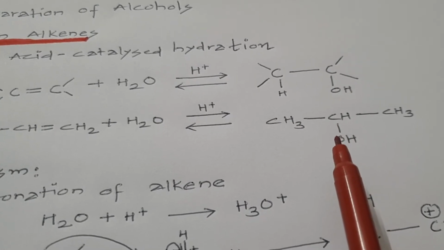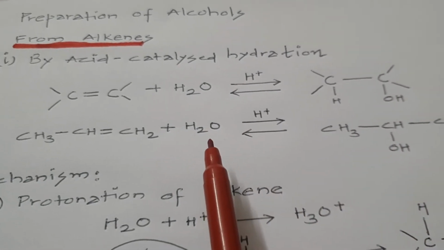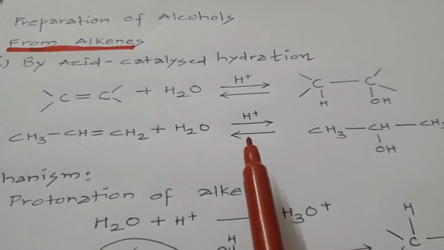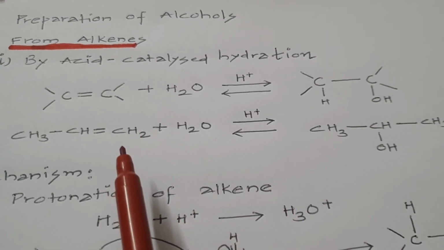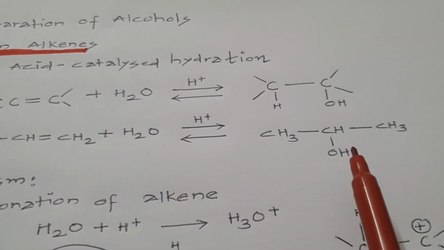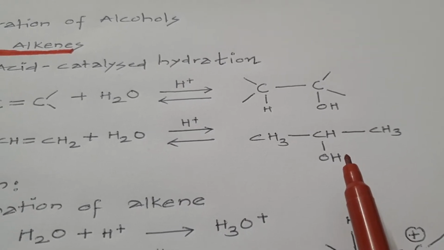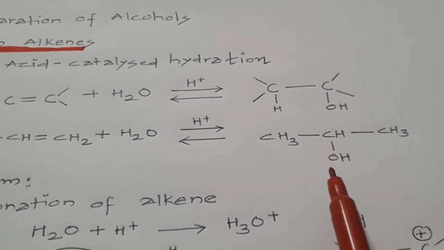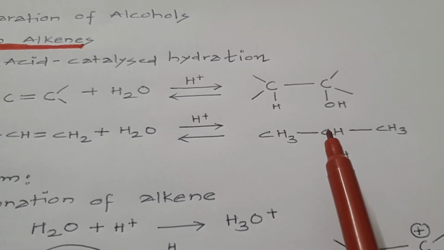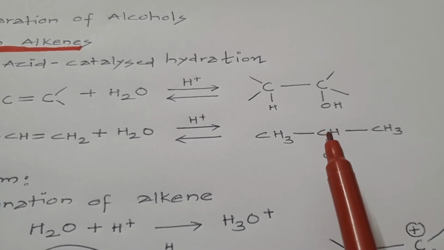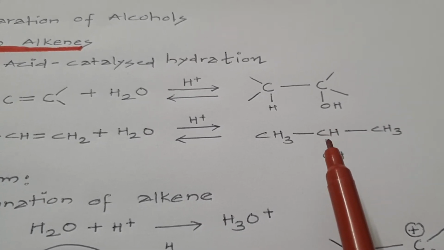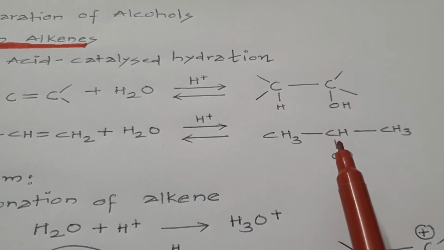Understand one thing here, that addition of water takes place to an asymmetrical alkene, and it follows Markovnikov's rule, in which OH gets added to the carbon which is forming a stable carbocation.